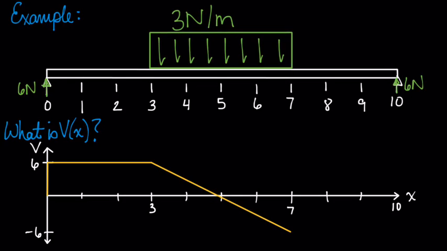In other words, V is linearly changing from positive 6 to negative 6 as X proceeds from 3 to 7. And so I can indicate that with a downward sloped line. And we agreed that V of X would be constant from X equals 7 to X equals 10. And so I have another horizontal line on the right. And so now I've used my load diagram to create a shear diagram.